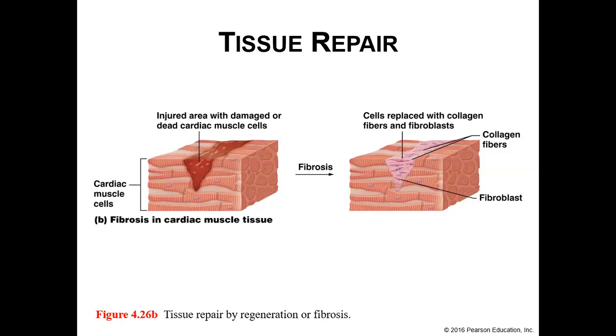What that means is this doesn't function any longer as cardiac muscle cells. That's not muscle cells. And so this type of tissue repair repaired the problem. It just didn't return it to its original state. And so that means that it's not going to function correctly. So if you have heart damage and you replace it with scar tissue, it's not going to function as cardiac muscle tissue any longer.